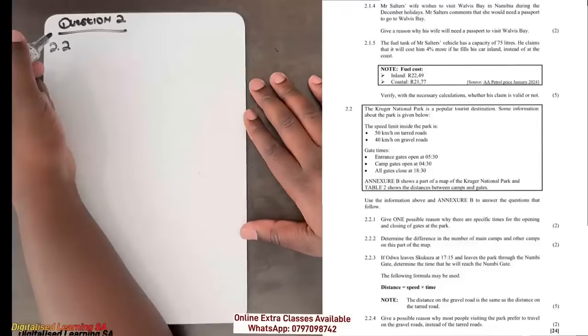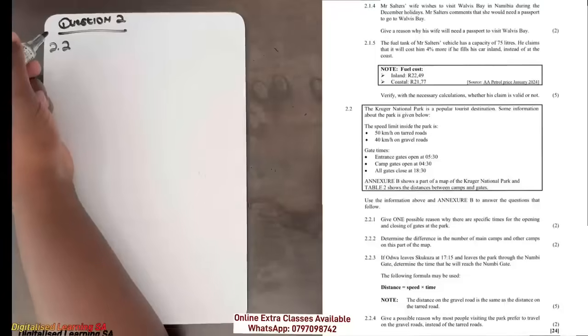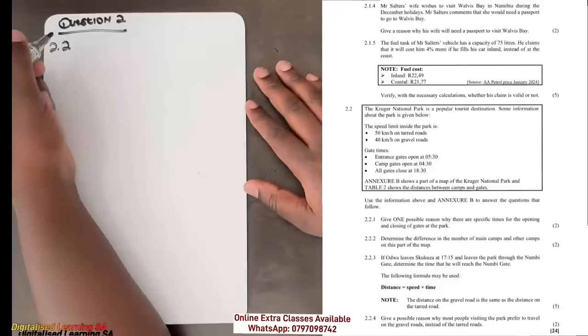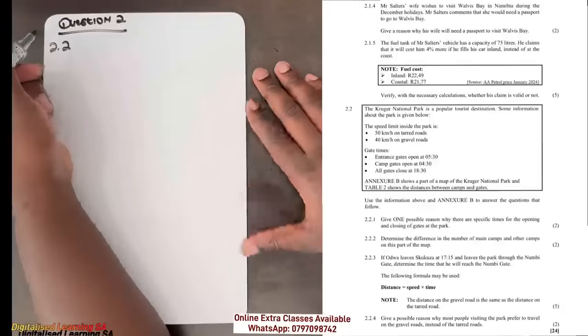The entrance gates open at 5:30 in the morning and the camp gates open at 4:30 in the morning, and all gates close at 6:30 in the evening. Annexure B shows a part of a map of the Kruger National Park, and Table 2 shows the distances between camps and gates.